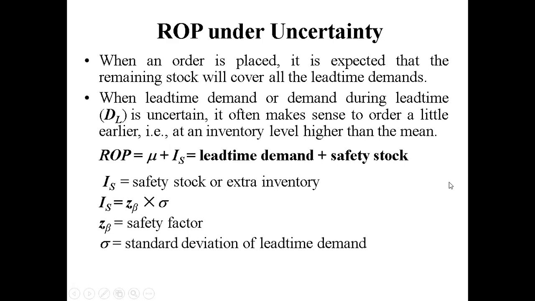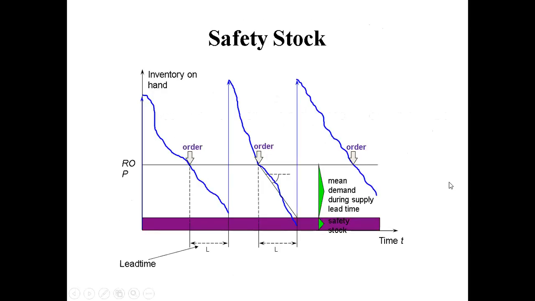We have also seen that practically the demands are not like a straight line. It looks somewhat like this. So practically we need safety stock because the demand actually fluctuates.